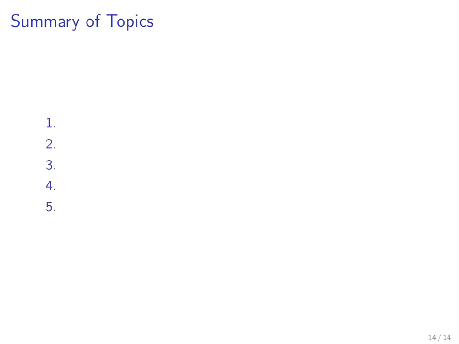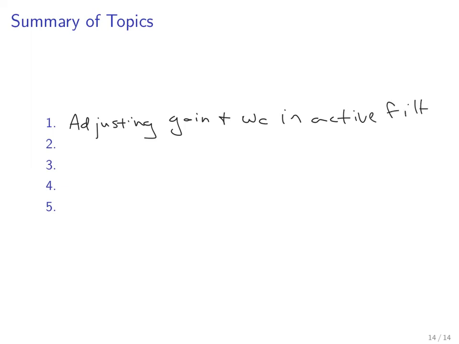So that marks the end of this lecture. The topics we've discussed are adjusting gain and cutoff frequency omega c in active filters. We talked about what components can be changed to adjust those two parameters independently of the other.